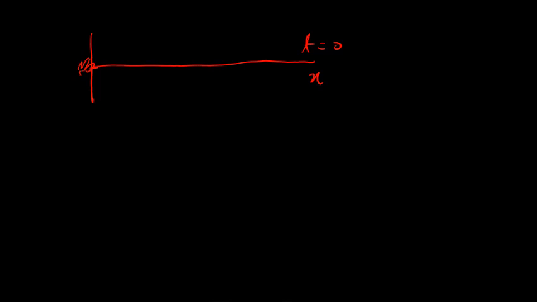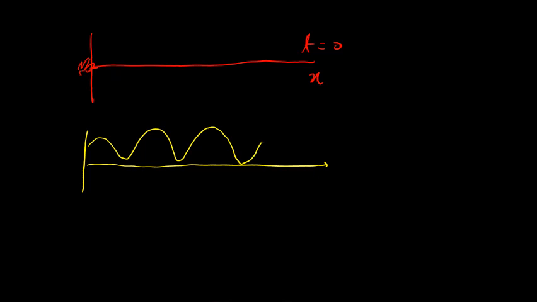When we shake the string, it will produce a wave, and these waves are like this one. These waves produced as a result of shaking travel along the x-axis, and at time t equals t it reaches point x.